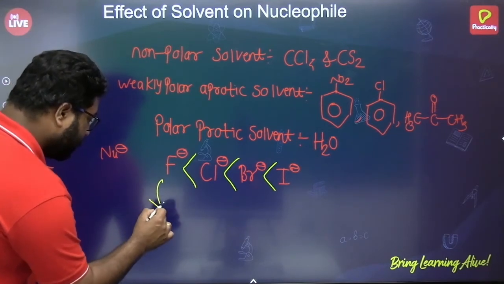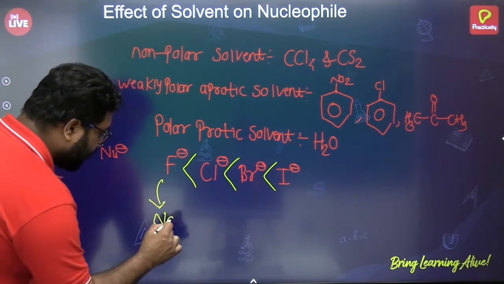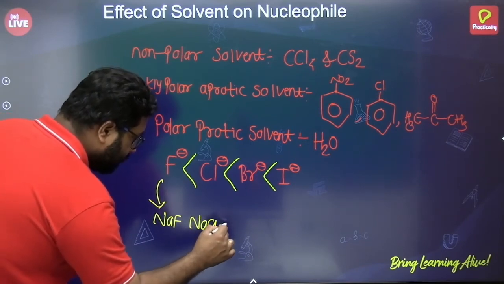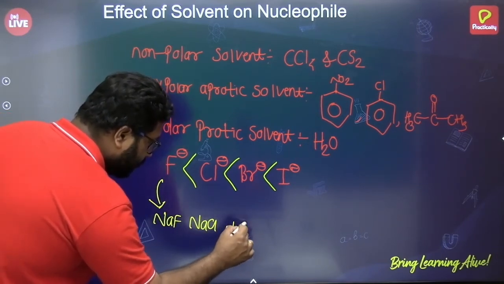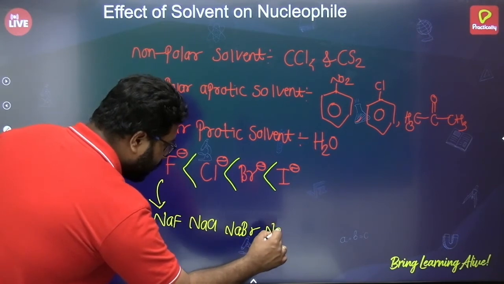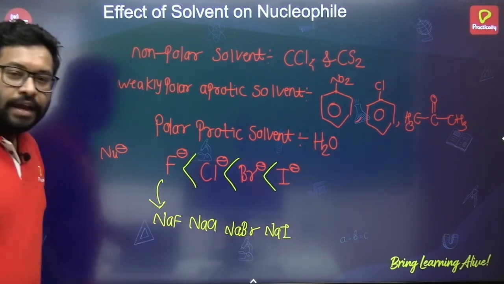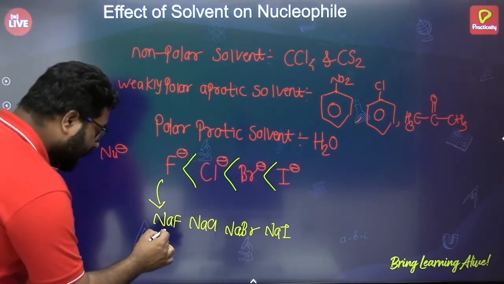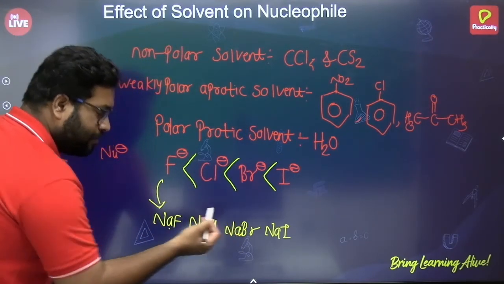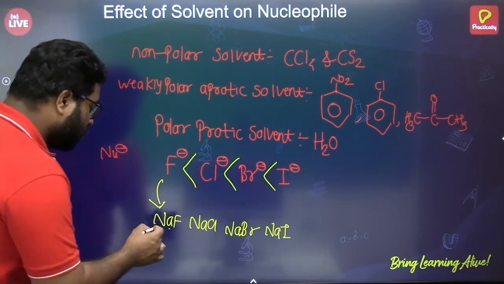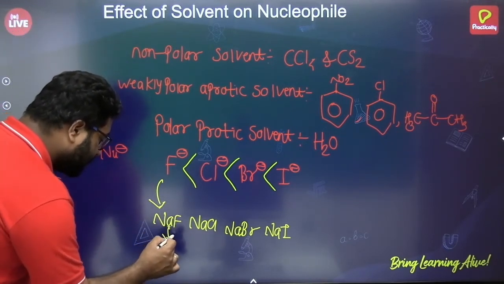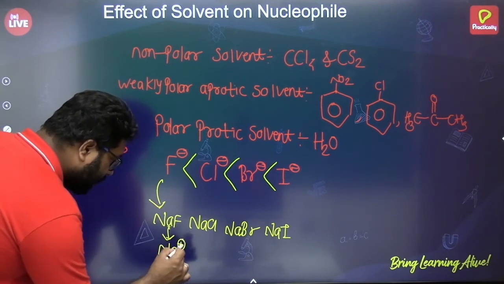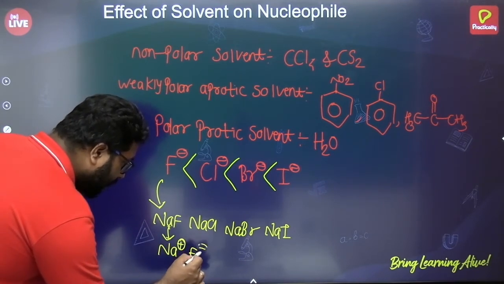Suppose NaF, NaCl, NaBr, or it could be NaI. You can take any salt. All those would be existing as Na plus and F minus.